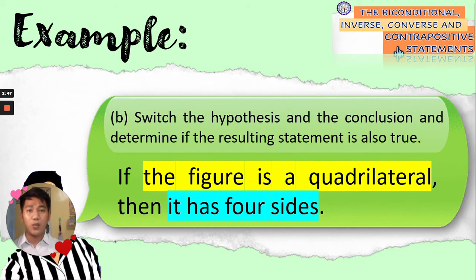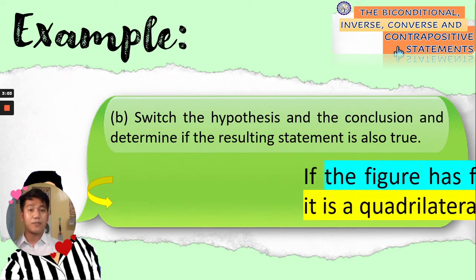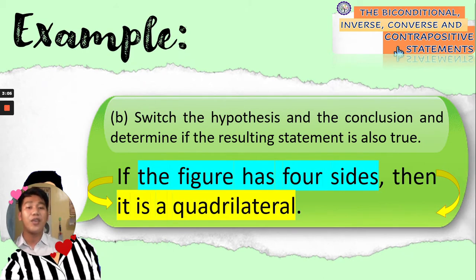What we're going to do is switch the hypothesis and the conclusion. Just interchange their position. So from this, the yellow and the blue, hypothesis and conclusion respectively, will just change their position. It will be this statement: if the figure has 4 sides, then it is a quadrilateral. And again, we can say that this is true.